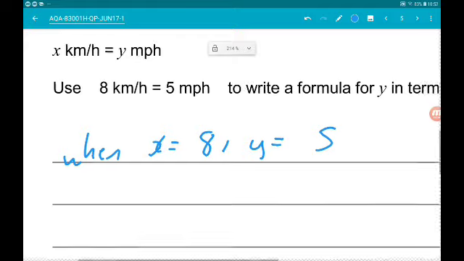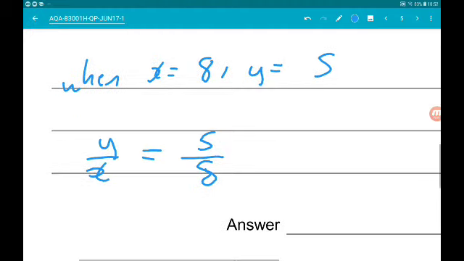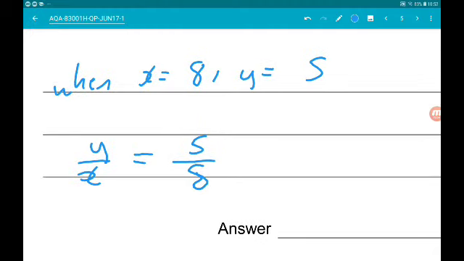So that allows us to say then that y over x is the same as 5 over 8. Now if we want a formula for y in terms of x, we just multiply through by x and we get y is equal to 5x over 8.